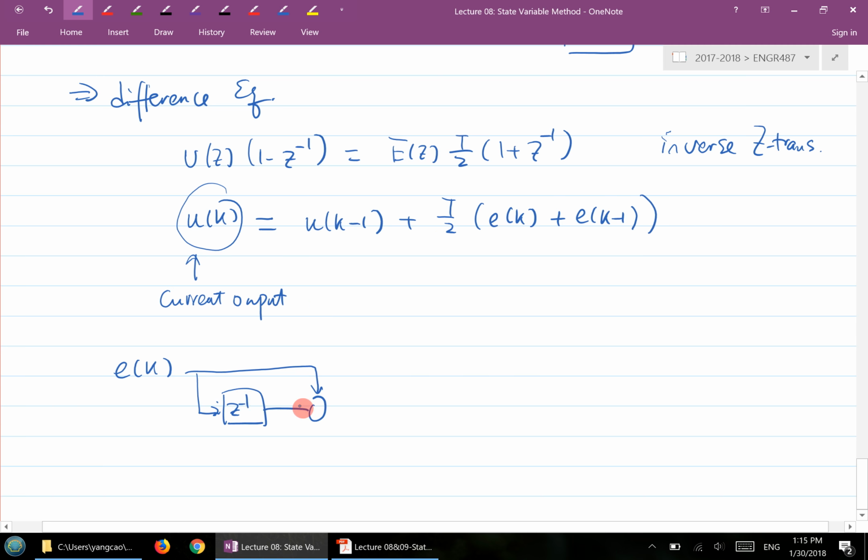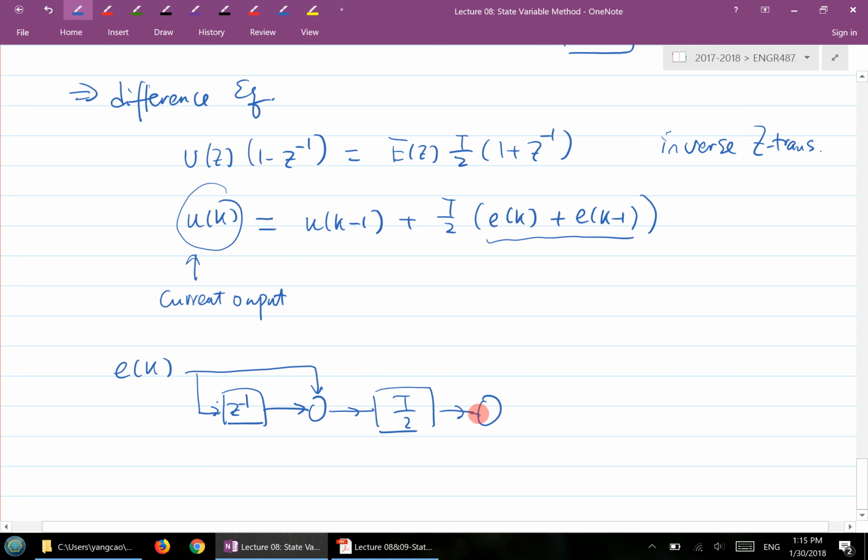the z to the power -1. So you see this is your e of k, and whatever passes through this z to the power -1 will be e of k minus 1. This is basically this portion here coming out of this, and then multiplied by a constant, T over 2.